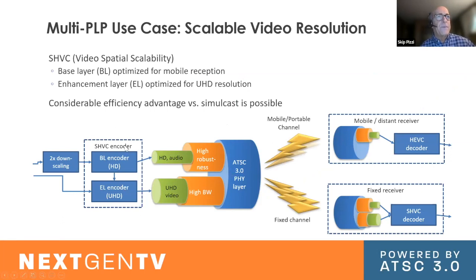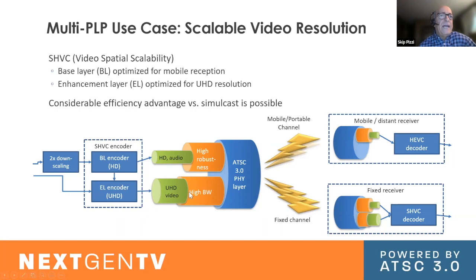In this case, a special case, because the video coding that's used in the system allows for something called scalable high capacity video encoding, which would allow you to do a scalable thing where you'd put HD at high robustness, and then you'd add not a full UHD signal, but just the enhancement that would bring the HD up to UHD.